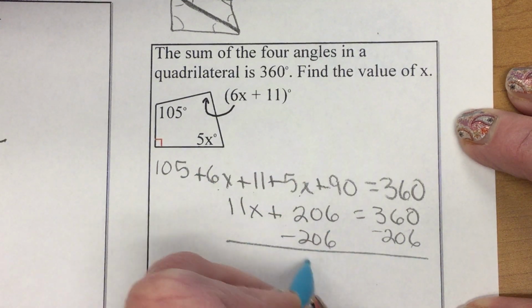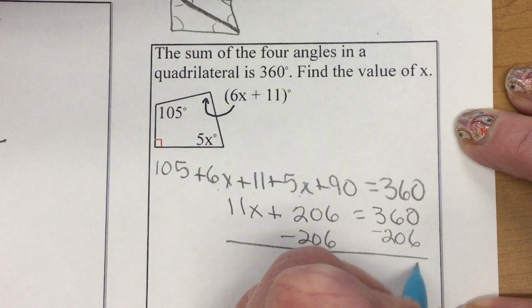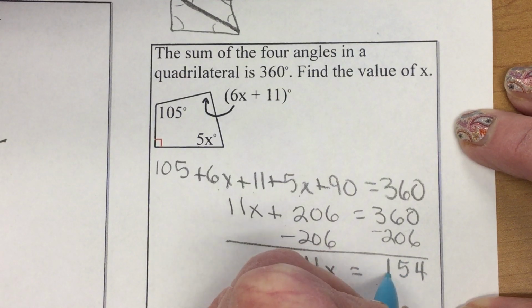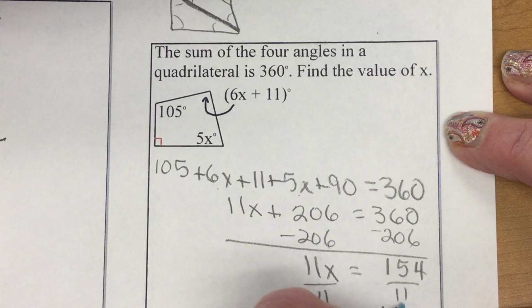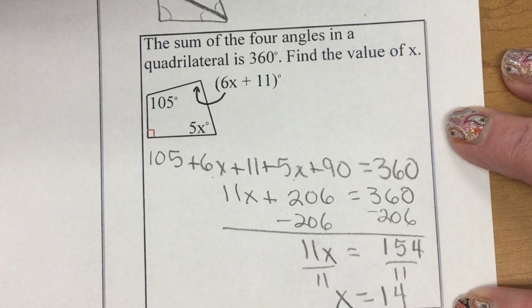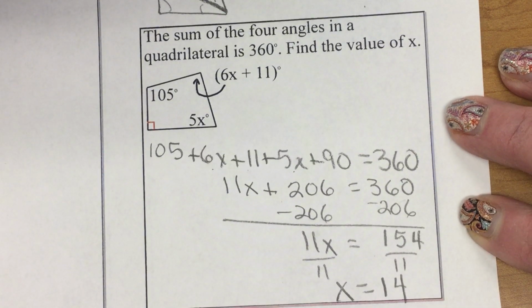We'll find out. 11x equals 154. Divide by 11. X equals 14. That's quadrilaterals and polygons.